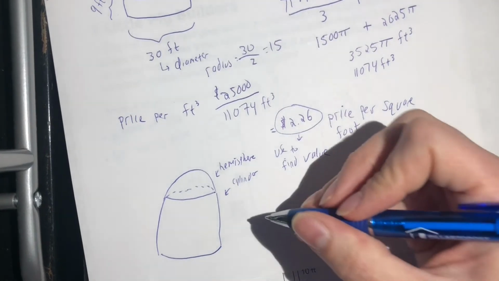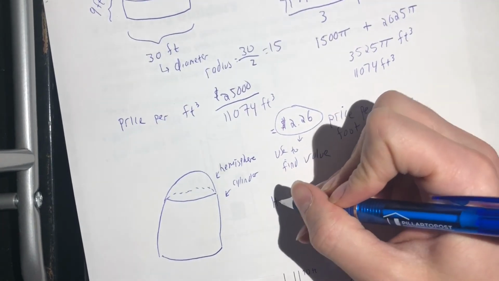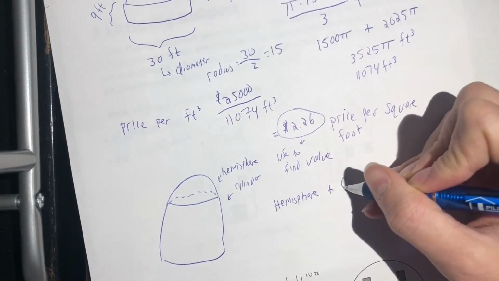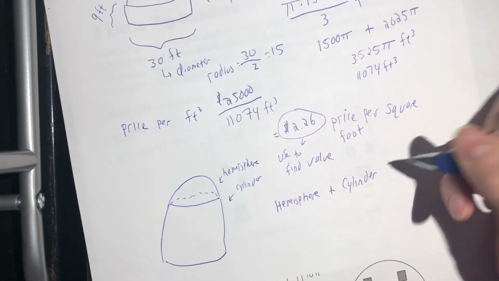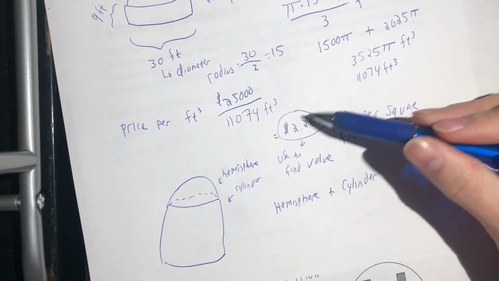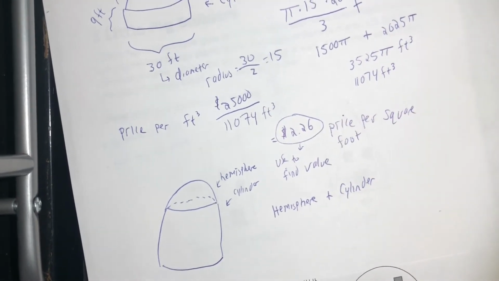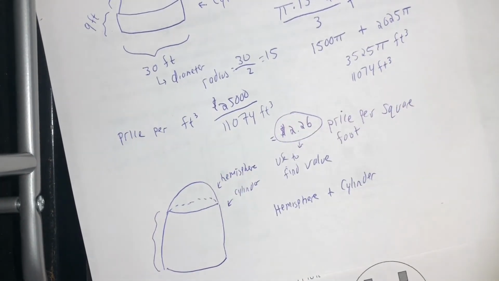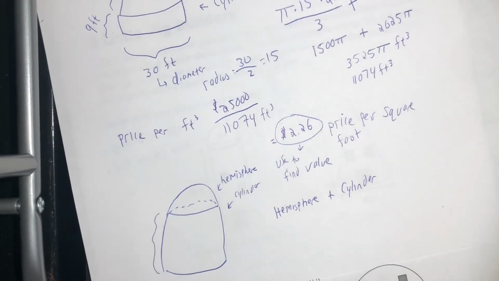So again, we're going to find volume. And then we're going to have to use $2.26 per square foot to find the fair market value. All right, let's give us some nice friendly numbers. Let's just give us multiples of 3 and 2, they're always niceness.